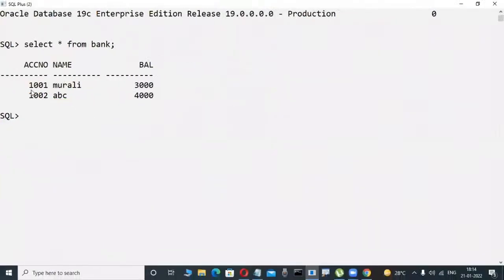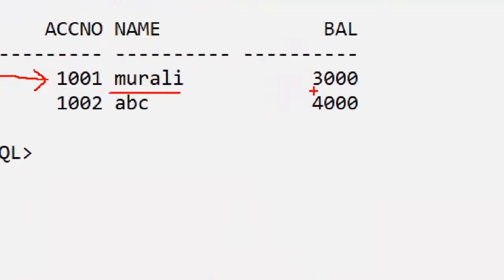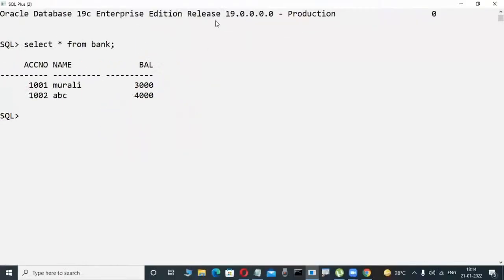Suppose this data, observe here for one minute only. 1001 is an account number. My name is Murali, I'm an account holder. My balance is how much? 3,000. My balance is 3,000, for example.